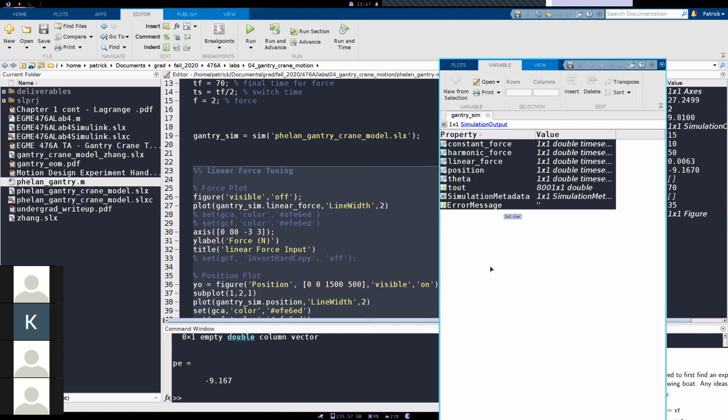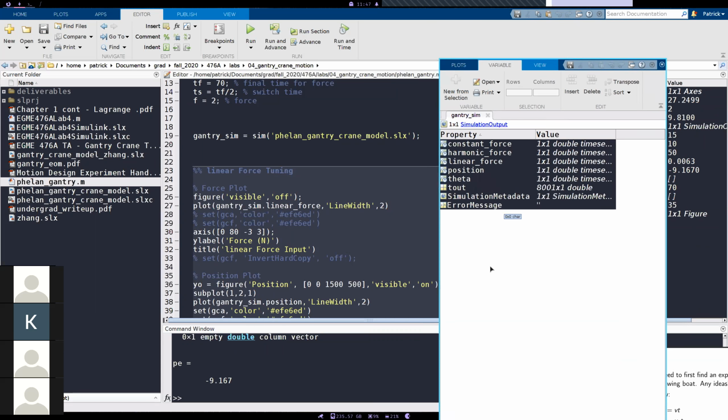So to make our plot, first, in Simulink by default, the two workspace blocks are saved as a time series. So let's open this one up now too, just to go over it. Okay, so our two workspace blocks, by default, are saved as a time series. So you'll see that right here, we have a time series.